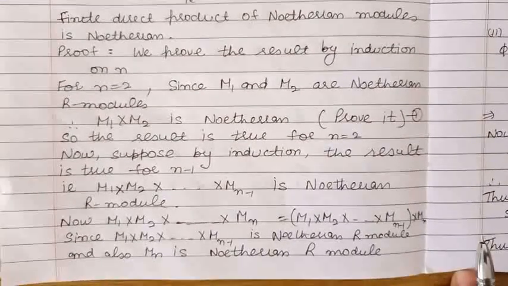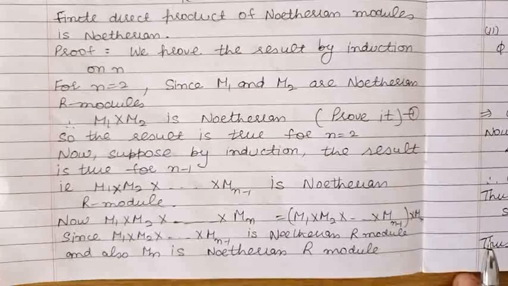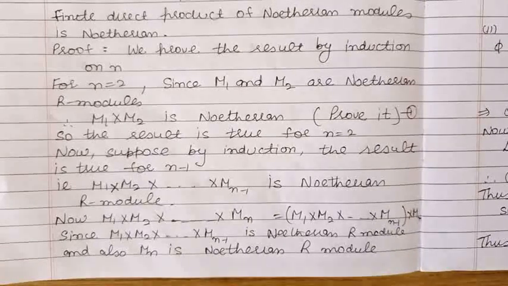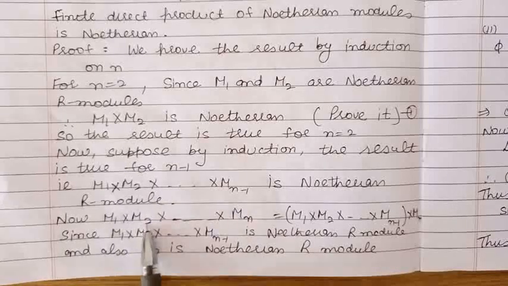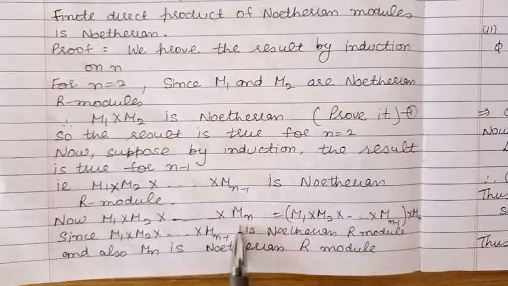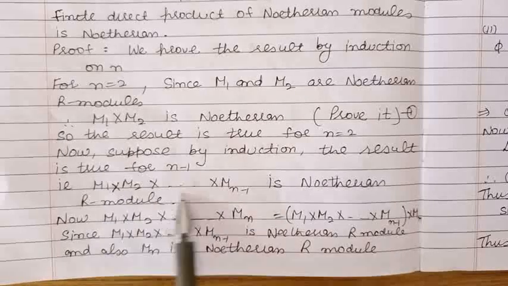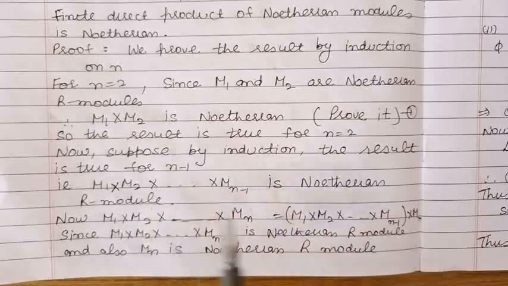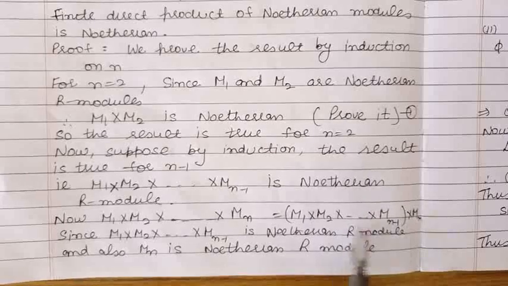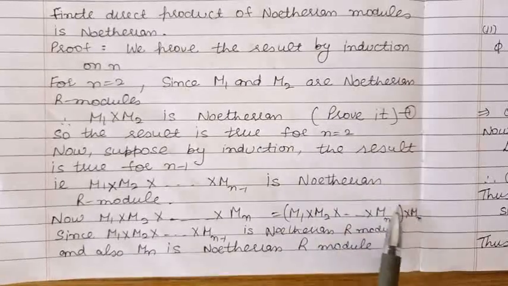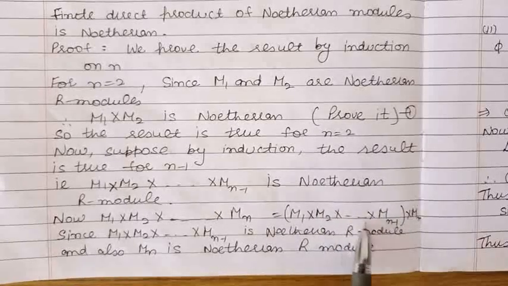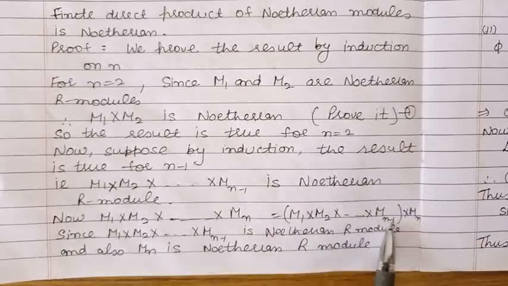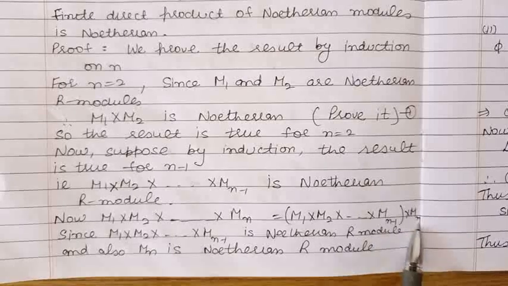Now let us prove the result for n. Let us consider the direct product of n noetherian modules M1, M2, M3 and so on up to Mn. Now this product can be written as the product of two modules: one module is the direct product of the modules M1, M2, M3 up to Mn minus 1, and the other module is Mn.